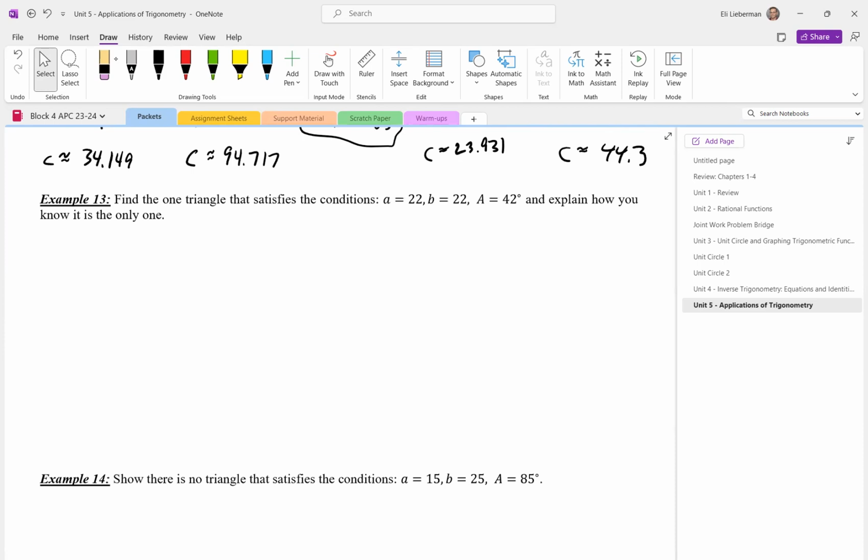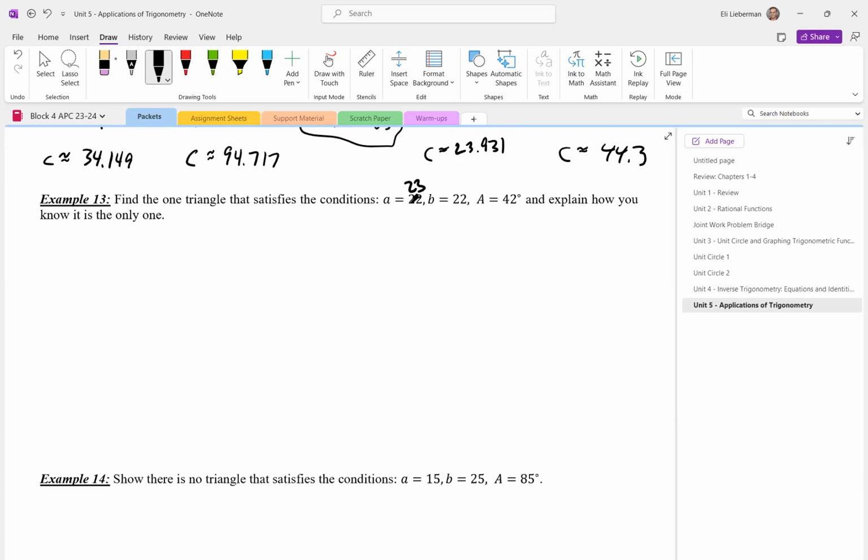I'm going to switch this a little bit. I'm going to make this a 23 here. I don't like that 22, for the A side. You can do both.